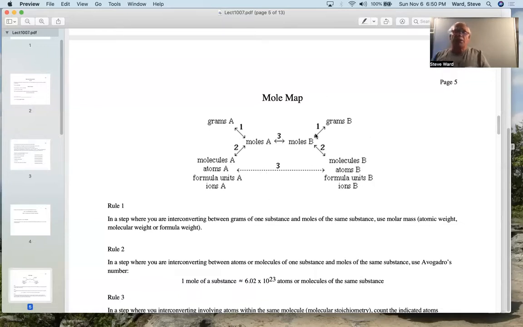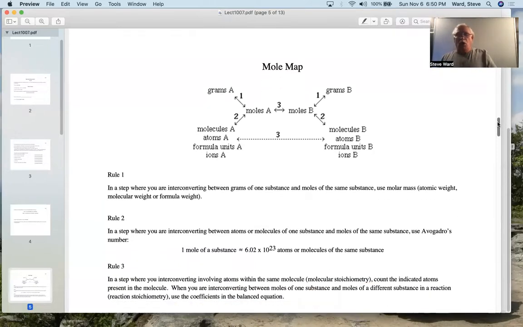Now, there's three definitions that we can use. These definitions help us determine where to get the numbers. And there's only three places to get the numbers. Now, watch how simple this is. When we're converting between grams and moles, we're going to use definition 1, which says use the molar mass. When we're converting between moles and moles, we're going to count, okay? We're just going to count the indicated atoms. We'll talk about how to use the equations later on in a different subject, okay?